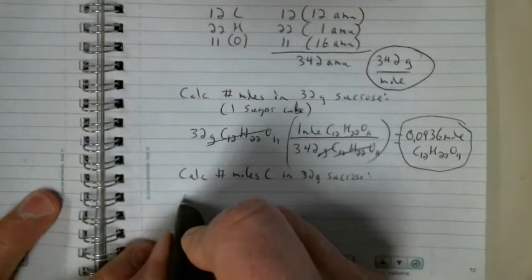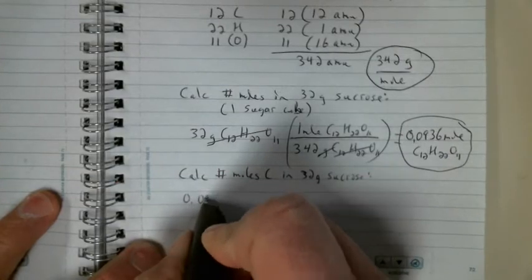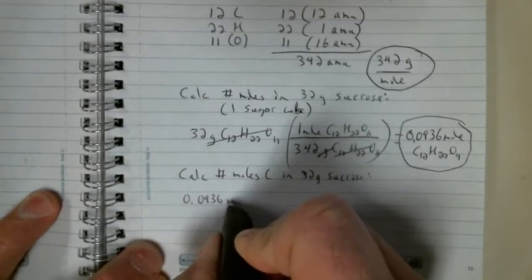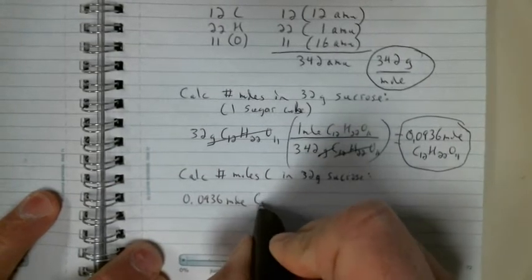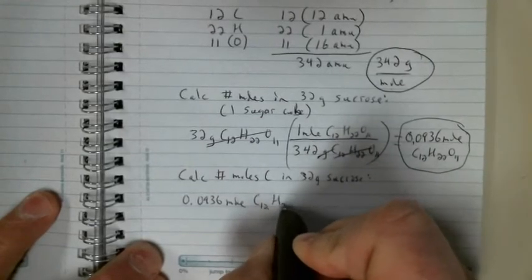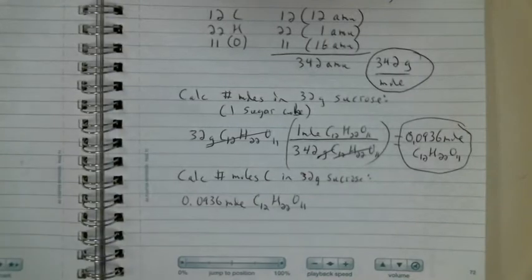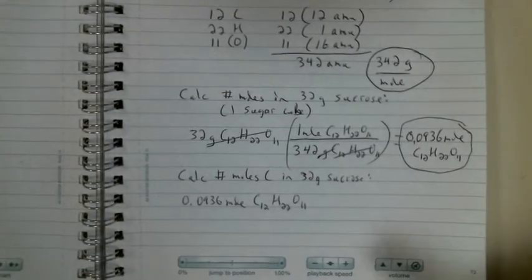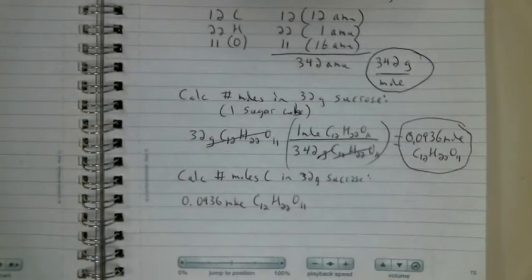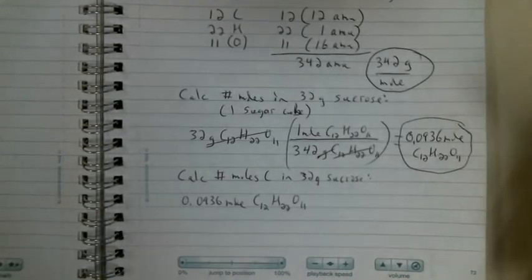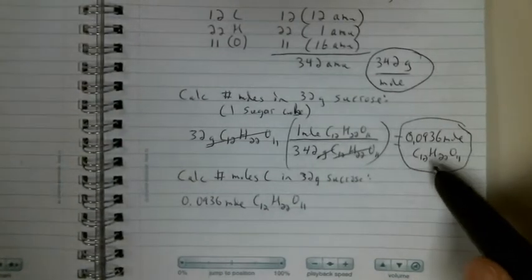So I'm going to start with what we just calculated, 0.0936 moles of C12H22O11. And we want to convert that into moles of just carbon. Well, where are we given that? It's the meaning of the formula, right?